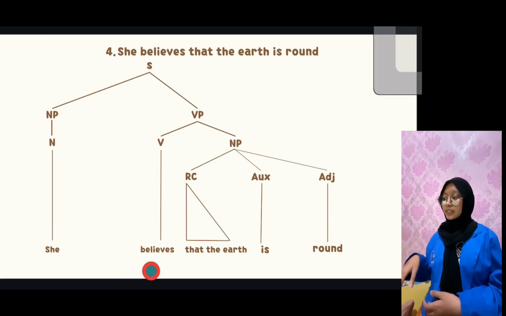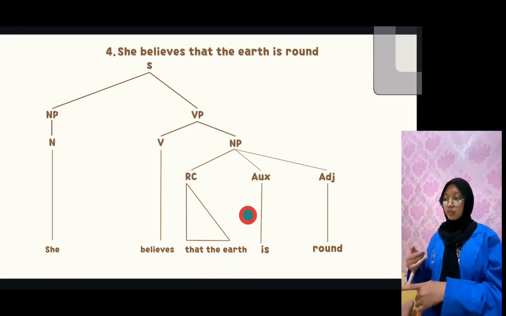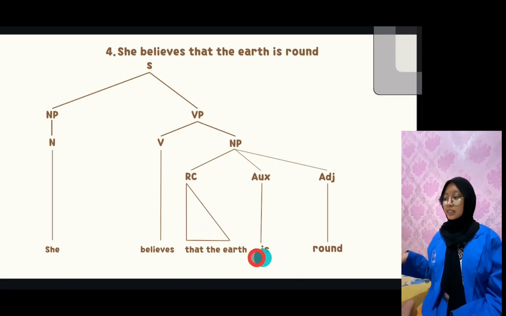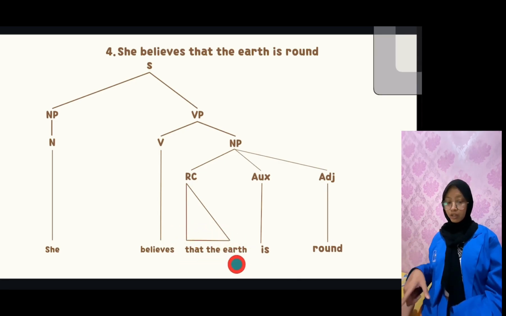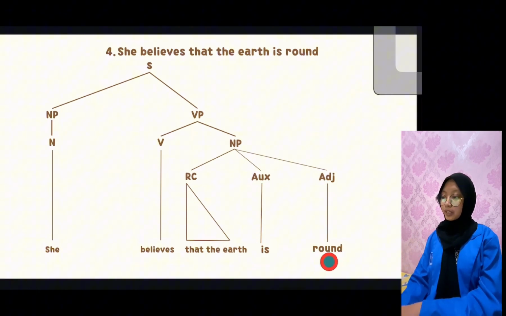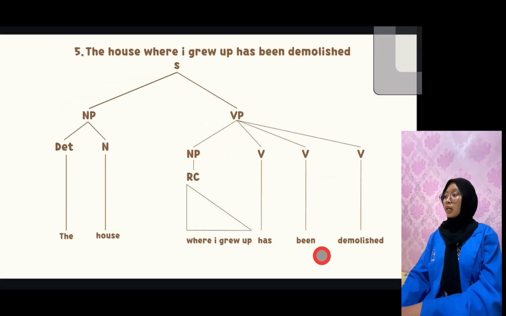The verb is the word believes, and inside the noun phrase there is the relative clause, auxiliary, and adjective. In here, the relative clause is that the earth, and for the auxiliary there is the word is, and then the adjective is the word round.